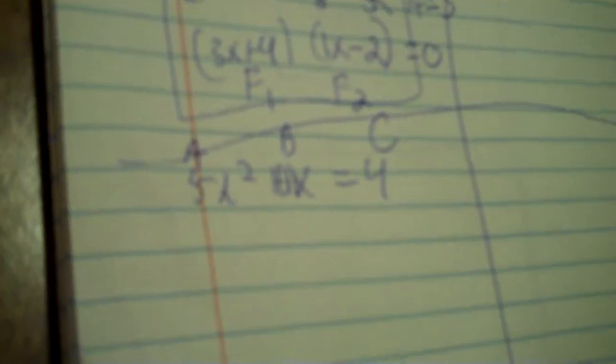Next one, we got 5x to the second plus x equals 4. Okay, so we got A, put an implied 1, that's B, and then C. Well, you got to get this to 0 before you worry about factoring. ABC, just like an AB, has to be to 0. Now, in a future lesson, you're going to learn AC.